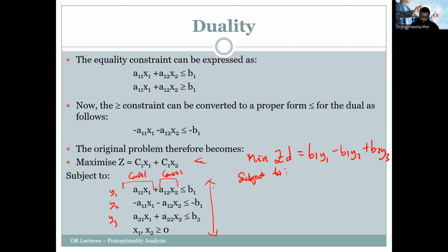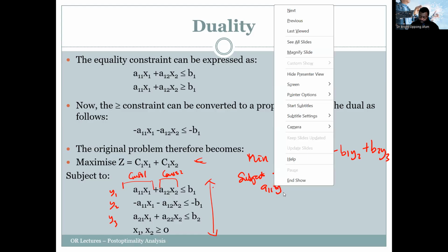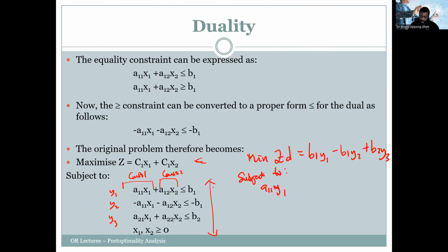And it is subject to the first constraint, A11 Y1, but because it's negative, it becomes negative A11 Y2, and plus A21 Y3, and it is minimization, so greater than or equal to C1.